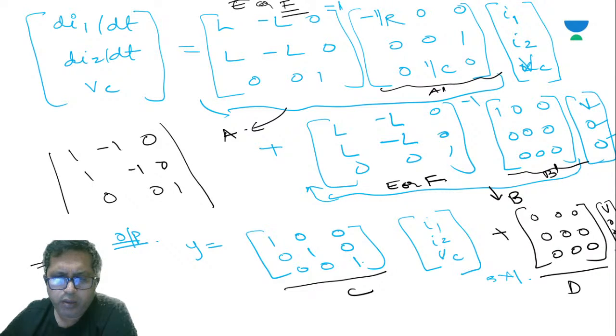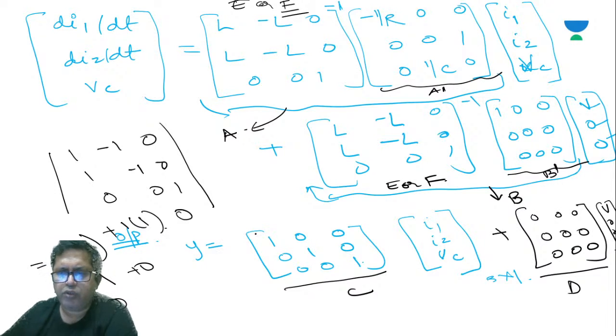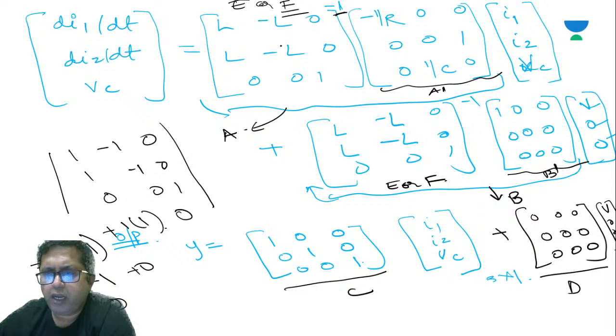Okay, minus 1, minus minus 1 is 1, this is 1 and 0. So we are getting determinant 0, therefore there is no inverse. That is the reason we are getting infinity.